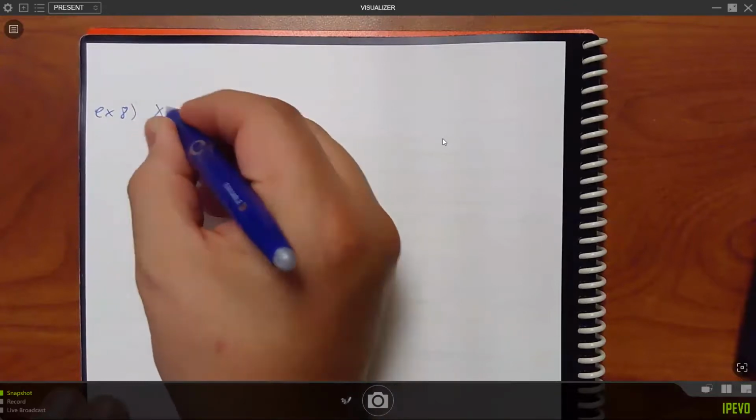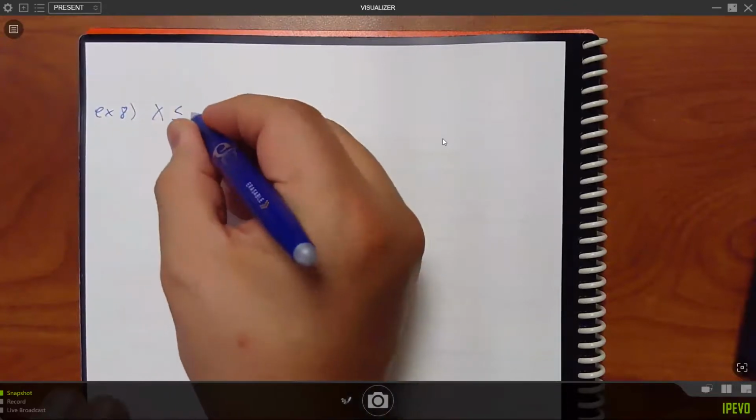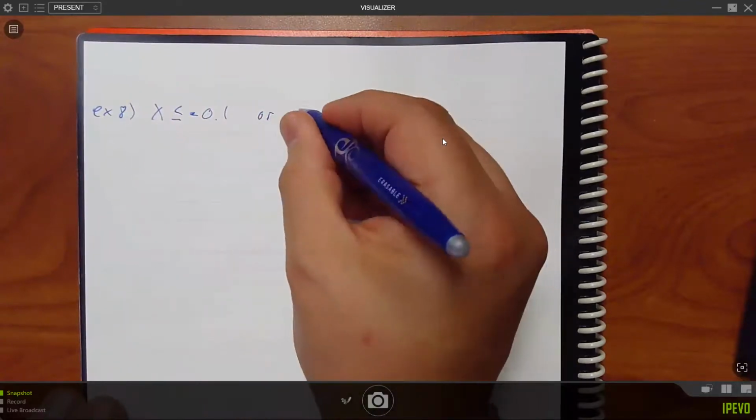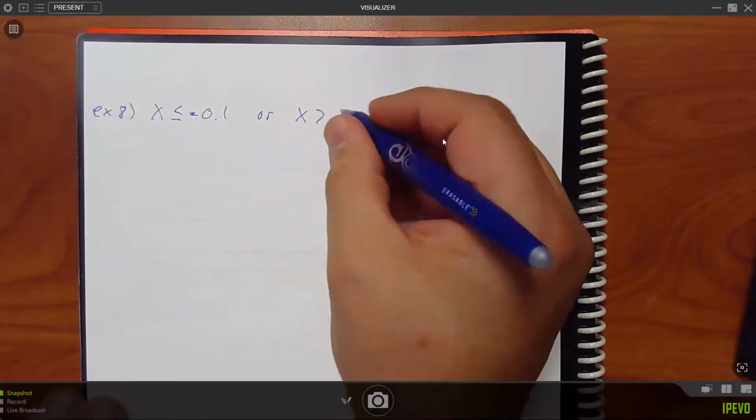So x is less than or equal to -0.1, or x is greater than 0.4.